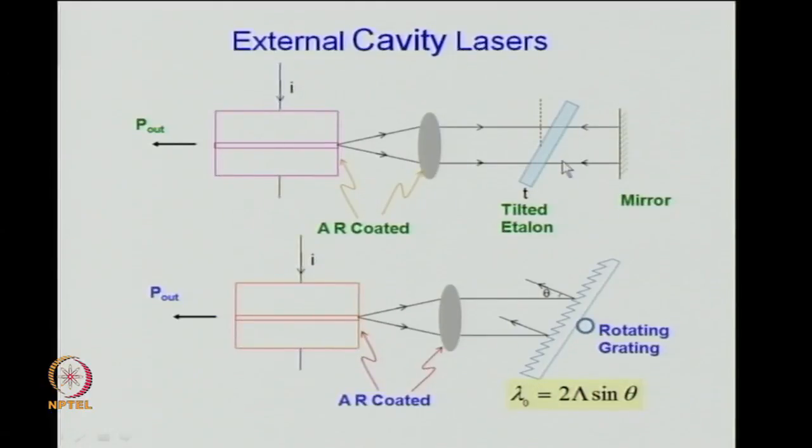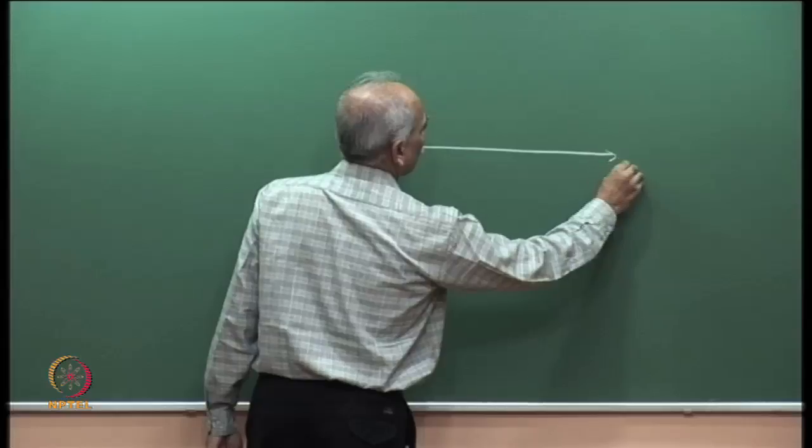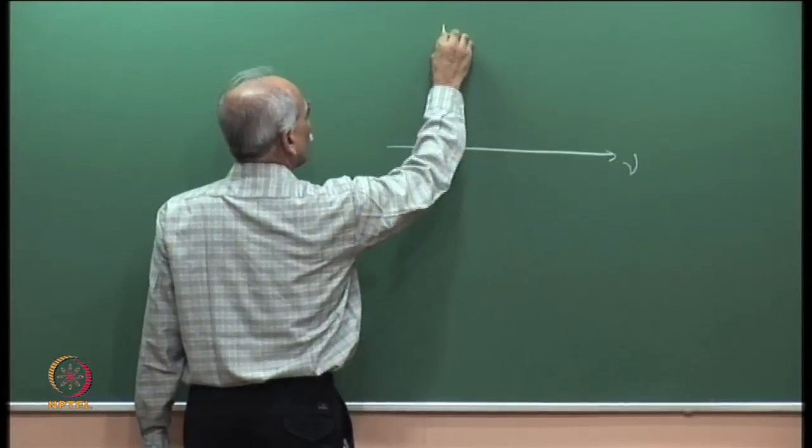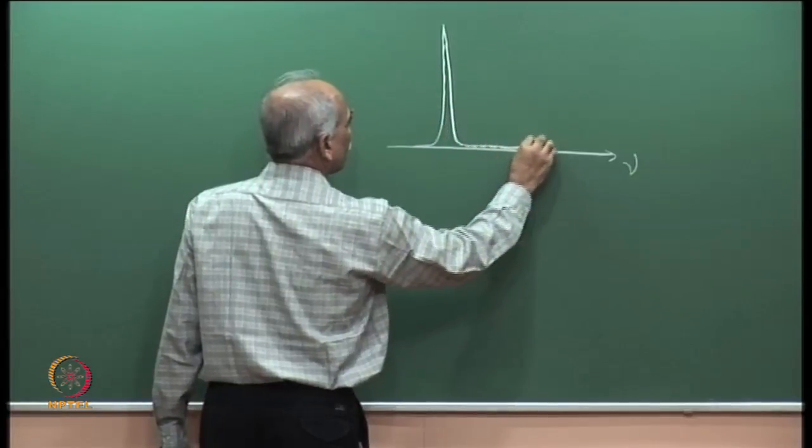The echelon permits only certain resonance frequencies to pass through. If I may use the board, if you see the transmission of the echelon, this is frequency nu, then the transmission shows narrow peaks like this.